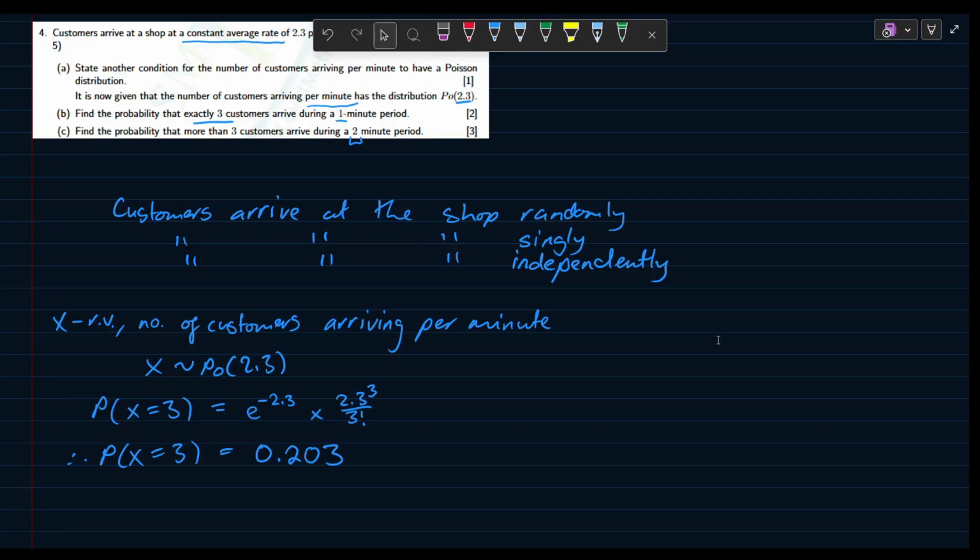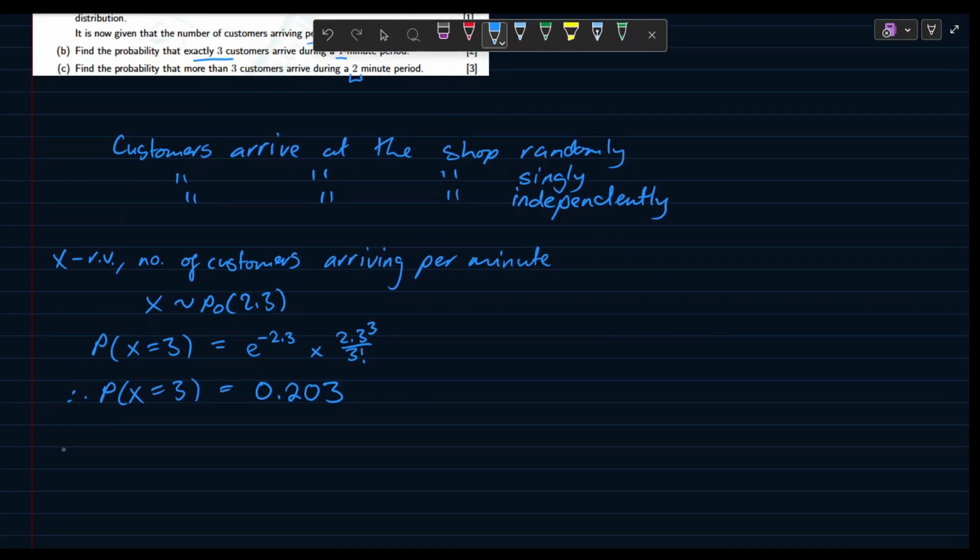So let's redefine our random variable and say let y be the RV, number of customers arriving. They're no longer arriving per minute, it's now per 2 minutes, because they've changed the interval there, per 2 minutes.